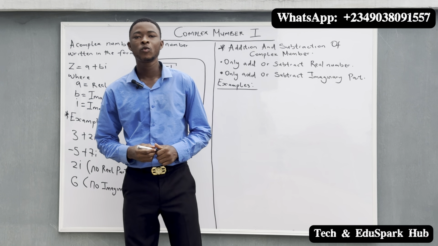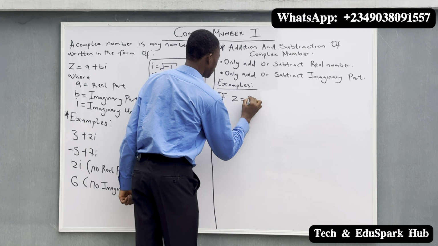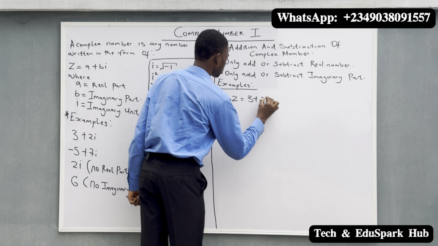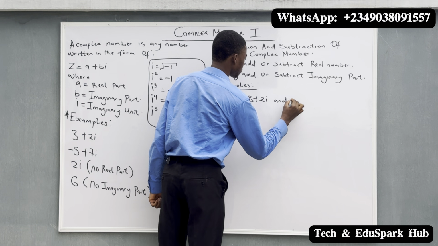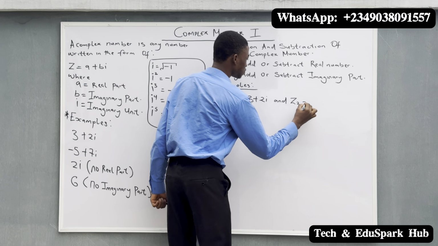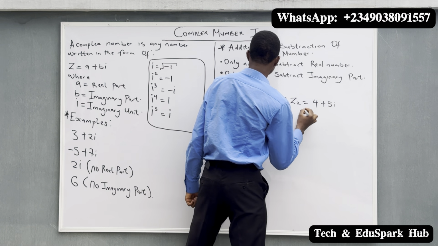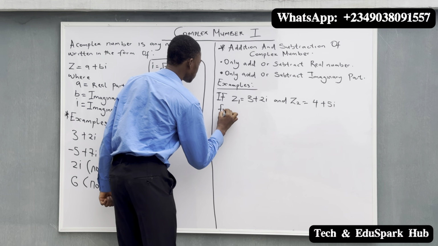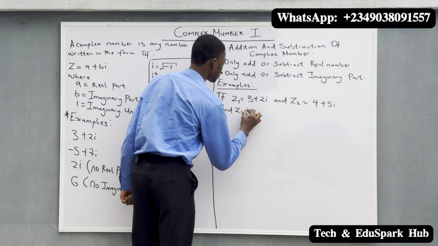So the first example says that if z1 is equal to 3 plus 2i, and z2 is equal to 4 plus 5i, find z1 plus z2.